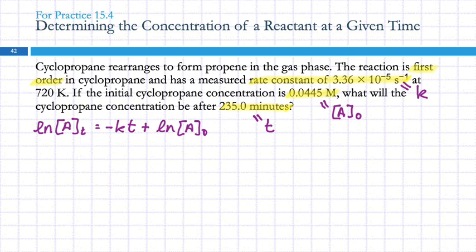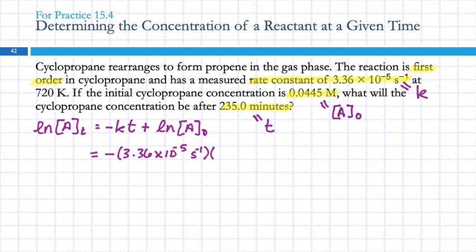We have the rate constant, we have the time, and we have the initial concentration. So we can plug all these numbers in. So -1 times the rate constant, 3.36 times 10 to the minus 5 s to the minus 1. And then we need to multiply that by the time.